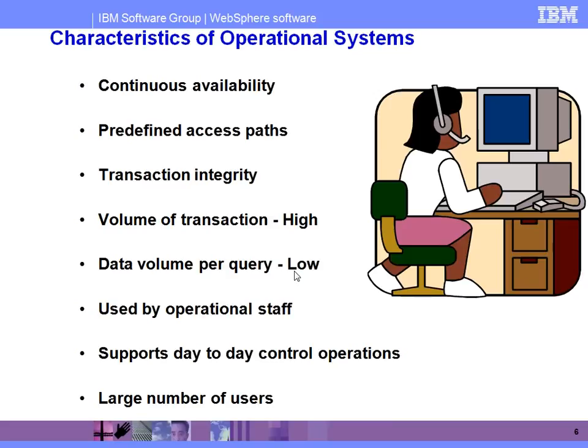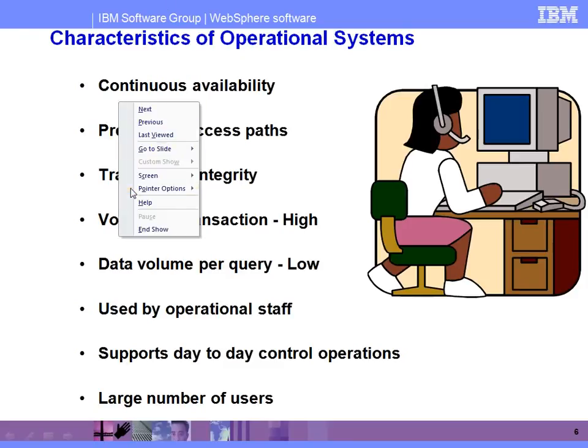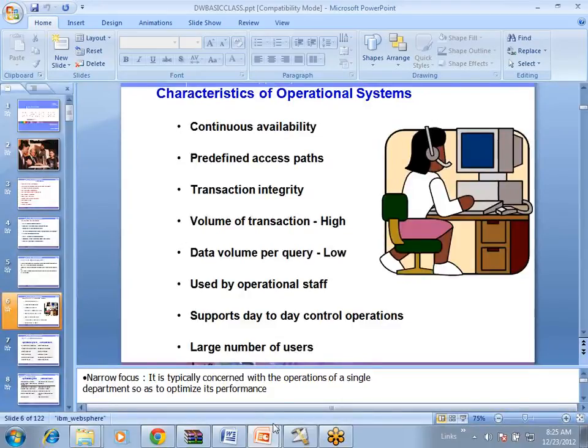Operational staff of that particular business will access, executives of that business will access, and users will access it. Generally all the people will access the operational systems data.